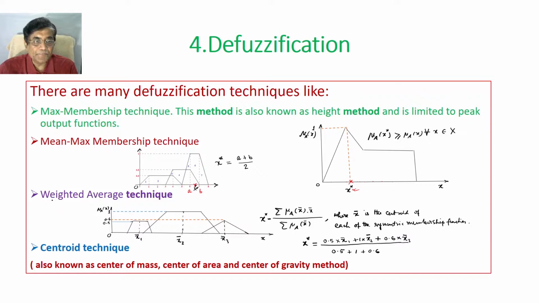Then another very popular method is the weighted average technique. So suppose I have fuzzy membership functions, two trapezoidal, one triangular.